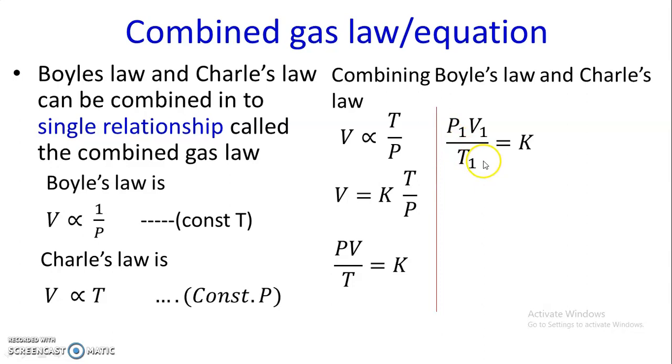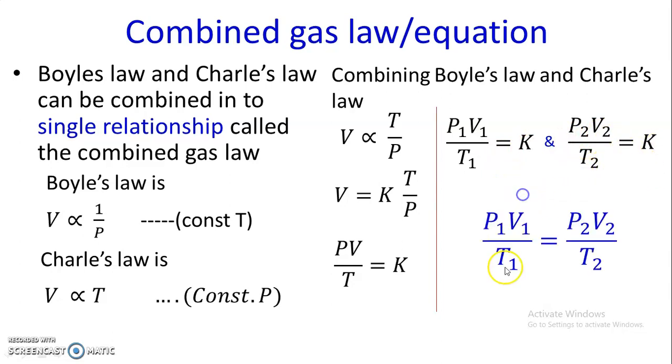Then according to the combined gas law we can write P1 V1 upon T1 is equal to K, and P2 V2 upon T2 is equal to K, and therefore P1 V1 upon T1 is equal to P2 V2 upon T2. So this is the combined gas equation.